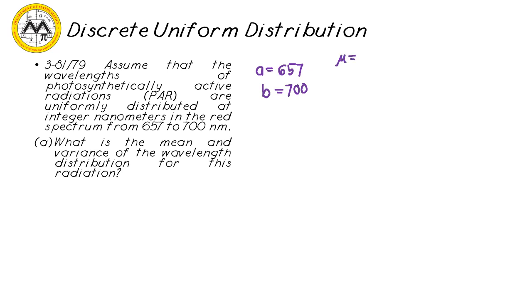So the mean would be 657 plus 700 over 2. You can use your calculator for this. It would be 657 plus 700 over 2, which is 678.5.